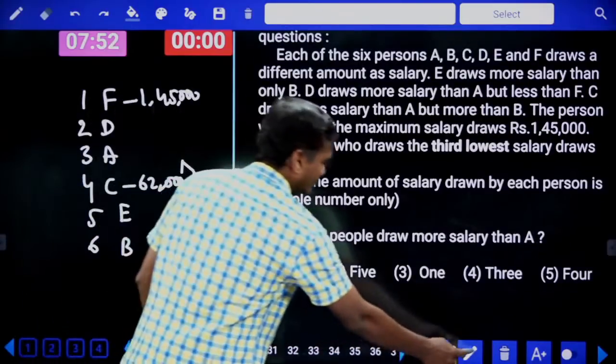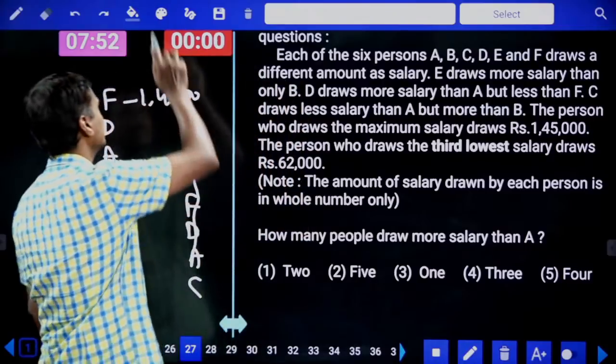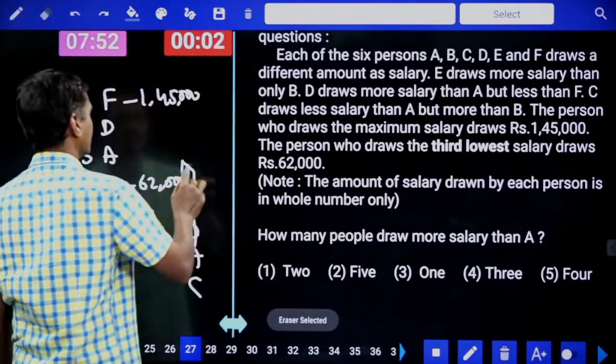Then coming to question number 27, start working on this 27.